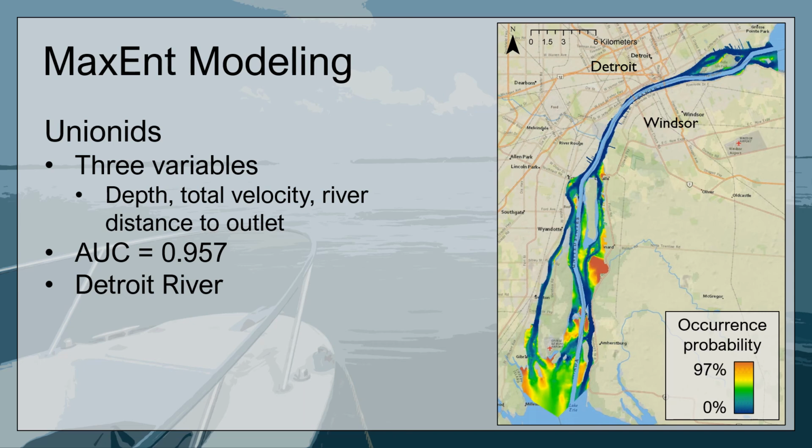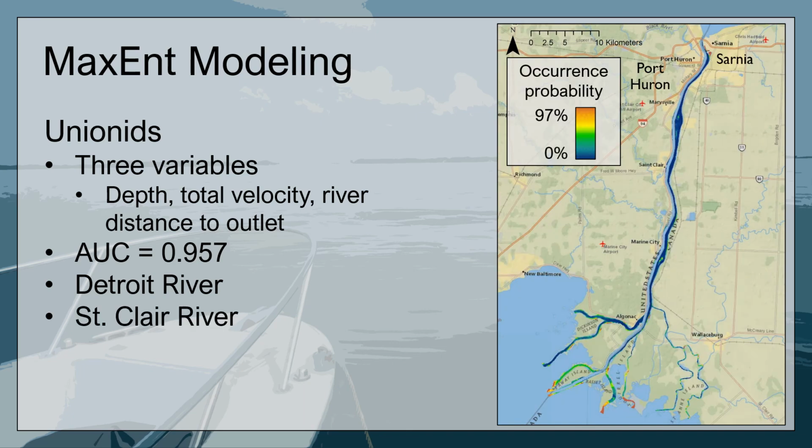Just like for the Dreissenids, we first created a model for the Detroit River using our known unionid presence locations. We then used these known occurrence points to calculate a minimum probability threshold that could be used to predict areas that are likely to support unionid presence.